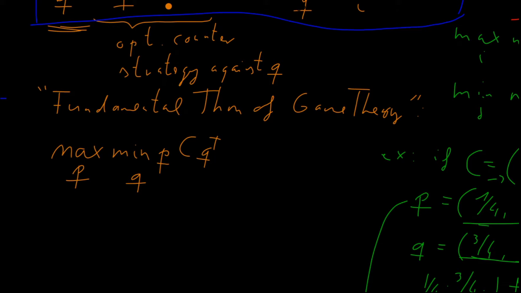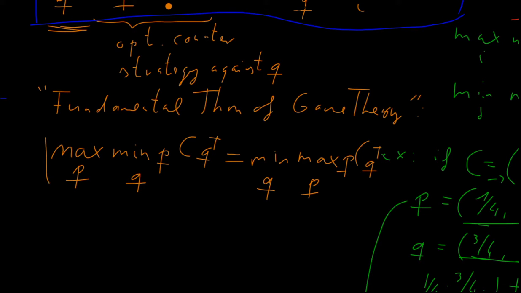As in the previous one, this is the value which player A can ensure. For each P, for each possible strategy, player A calculates the worst possible scenario, which is this min over Q of P C Q transposed, and amongst these, player A chooses the best one. But this will be the same as the other way around, so it's just the minimum of the maximum of P, C, Q transposed.